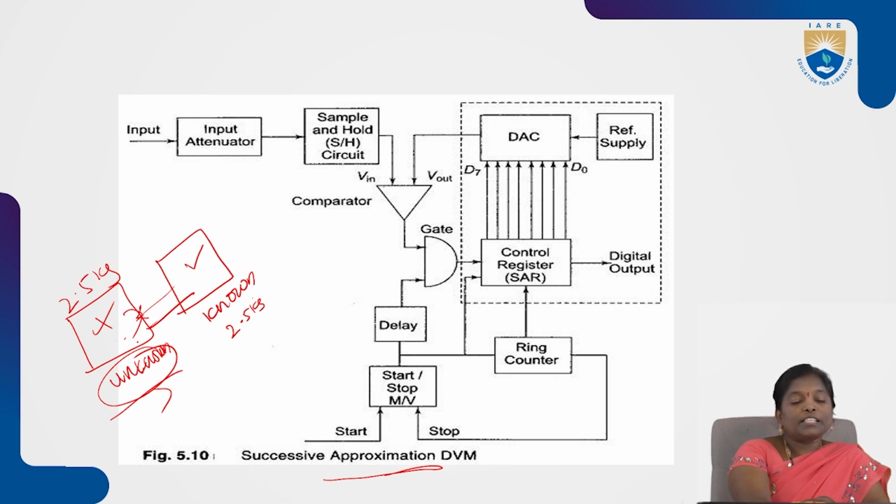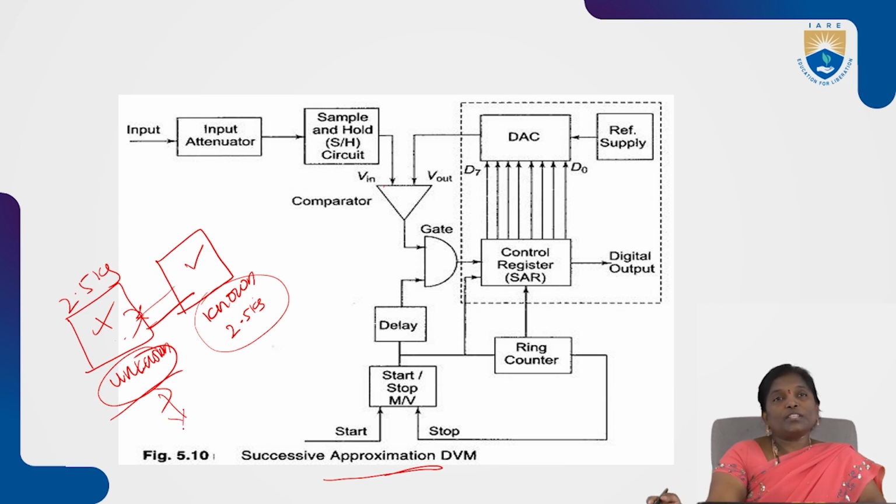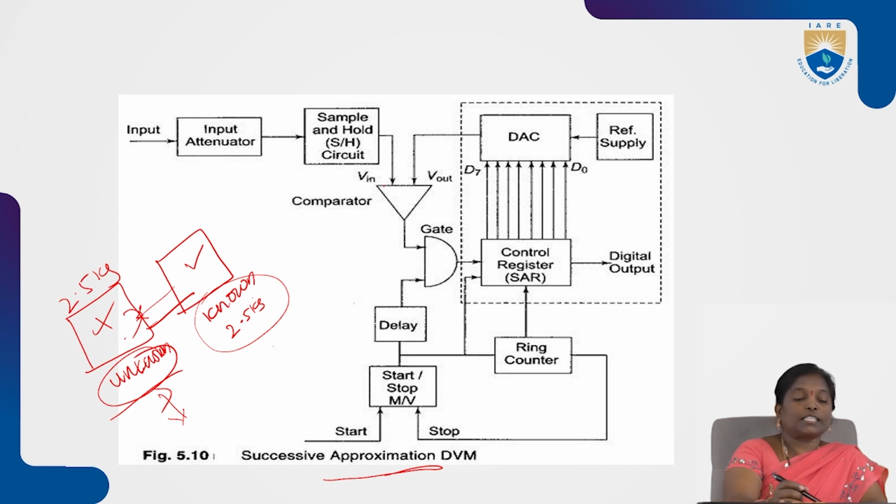If the unknown weight is greater, we increase the known weight, and we keep doing so till the unknown weight equals the known weight. Then that is the unknown weight. In this way we can find the unknown weight with the help of approximation. The same approximation procedure is followed in this successive approximation type of digital voltmeter.